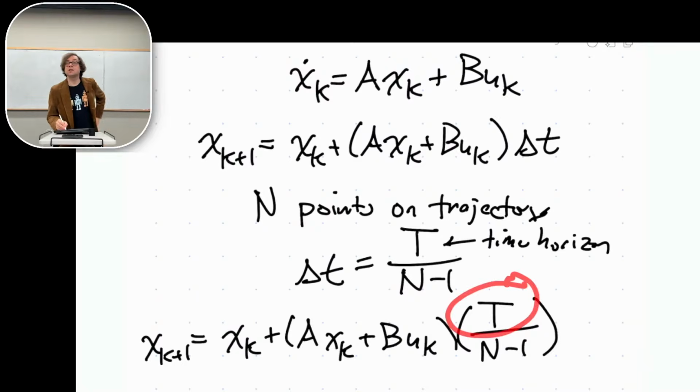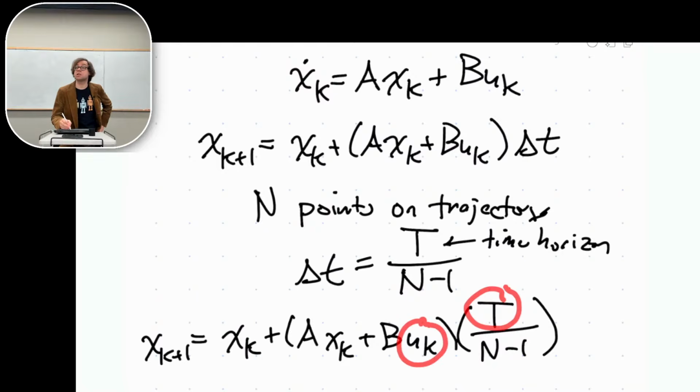If T is a decision variable, this is no longer a linear constraint, because you'll have T, a decision variable, multiplied by uk, which is a decision variable. So this cannot be a decision variable.